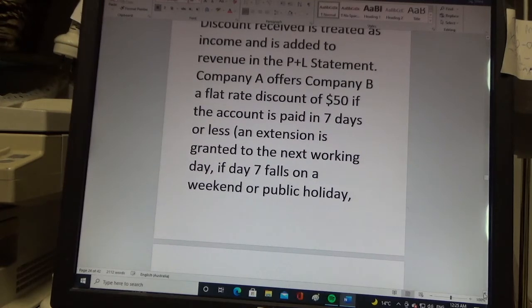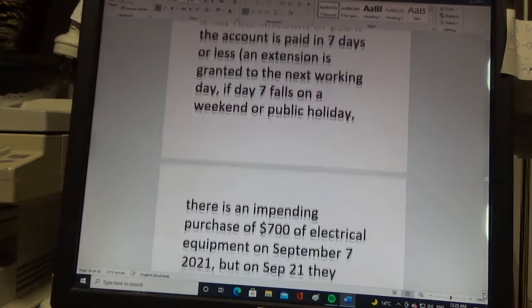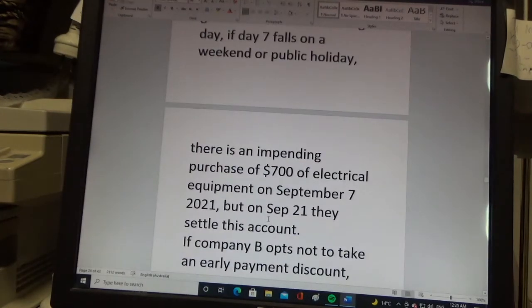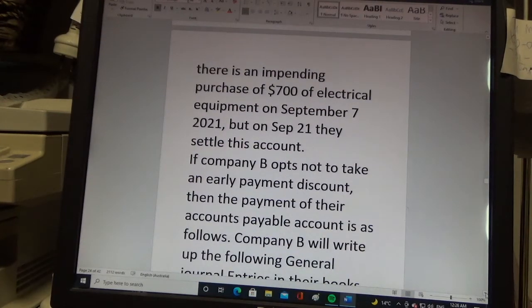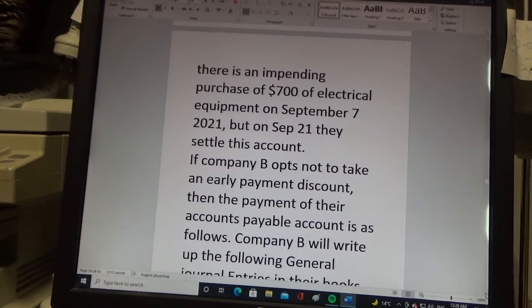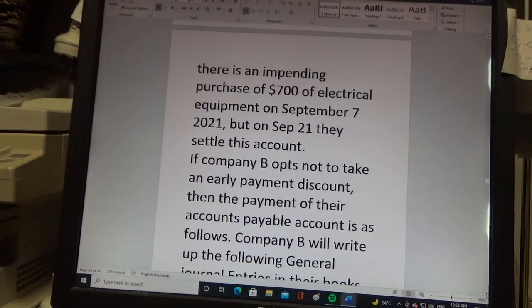An extension is granted to the next working day if day 7 falls on a weekend or a public holiday. There is an impending purchase of $700 of electrical equipment on September the 7th, 2021. But on September the 21st, they opt to settle this account.